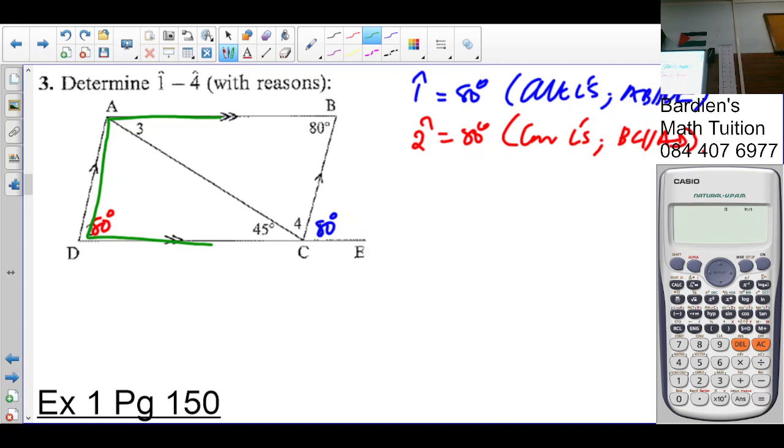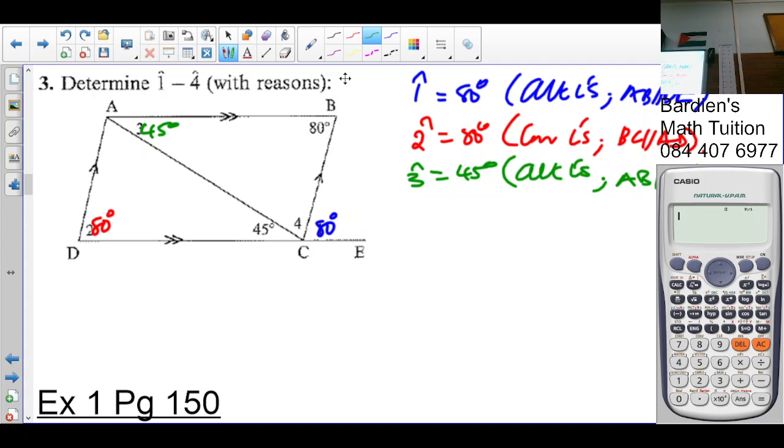No, why not? You're short of an angle there. Can you see that? You couldn't have used co-interior angles. So angle 3 is 45 degrees. The reason is alternate angles with AB being parallel to DC.